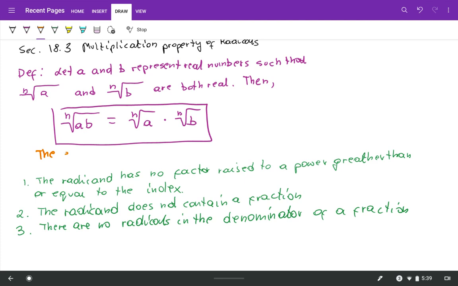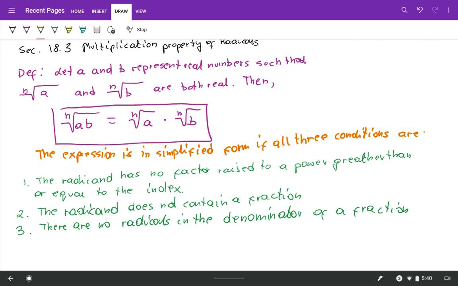The expression is in simplified form if all three conditions are met. So let's leave it that way.